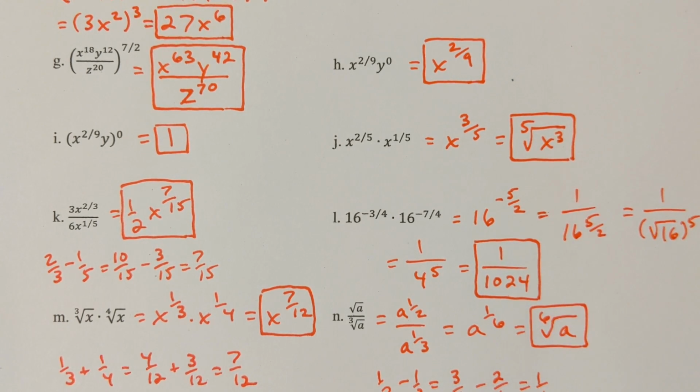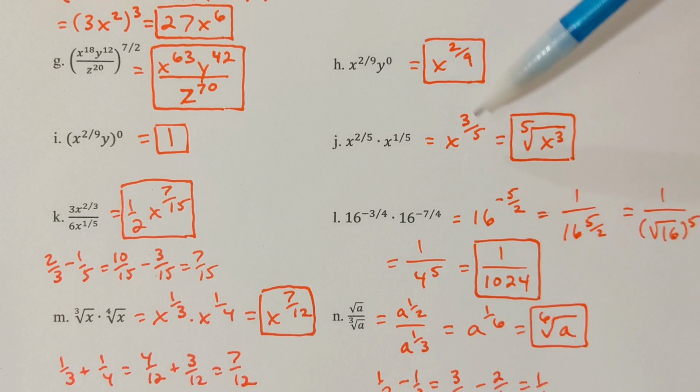Now pay attention to how your book wants the answers written, or how my math lab wants the answers entered in. Because on some of them, they'll want you to type in the answer using radical notation. Well, that's what I've got circled here. In other problems, they'll want you to type in the answer using rational exponents.